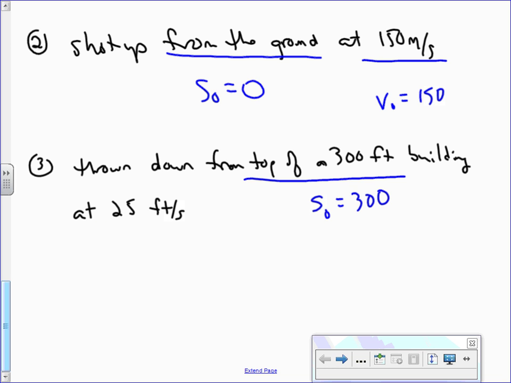And what is this piece of information? v sub 0. And if you're not careful, you'll get this wrong. By convention, things that are moving up have a positive velocity, things that are moving down have a negative. So you have to put this into that convention and tell me the initial velocity is negative. Everybody see? So from any of these three problems, I have given you the initial velocity and initial position.